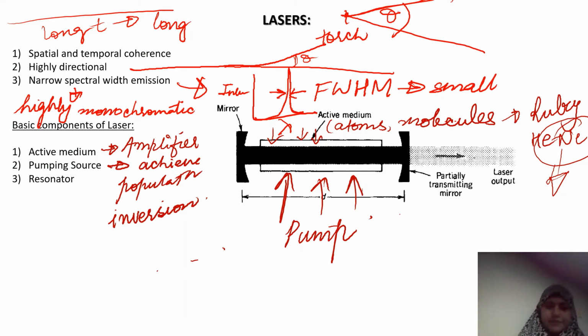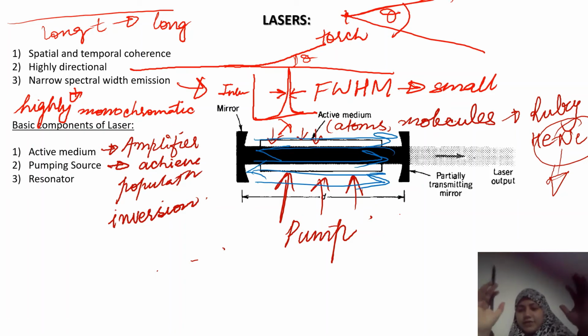So after this pumping source, now we need amplification. We are getting amplified. But when we need more and more amplification, what we'll do is make this light oscillate forward, backward. So an oscillator is required.